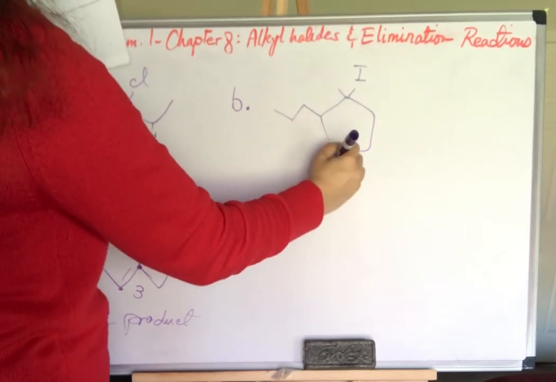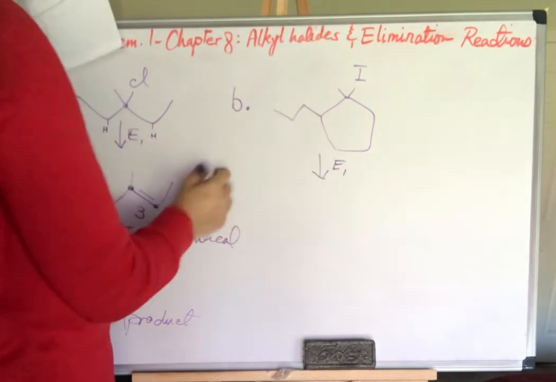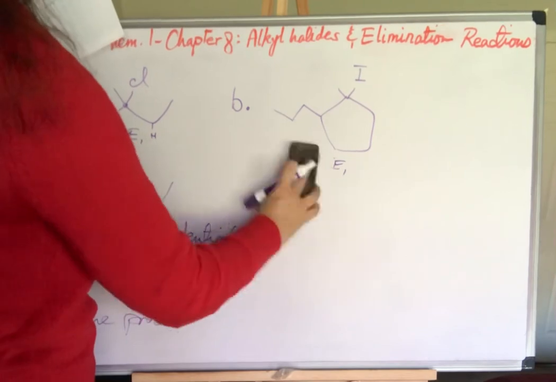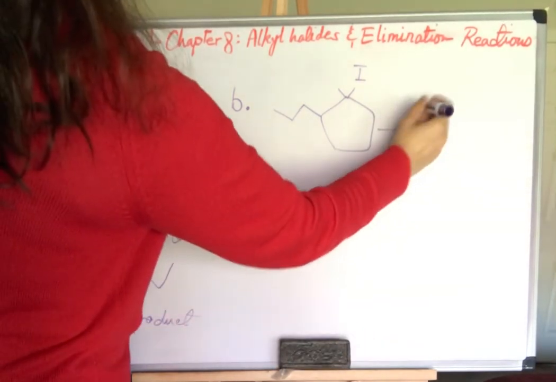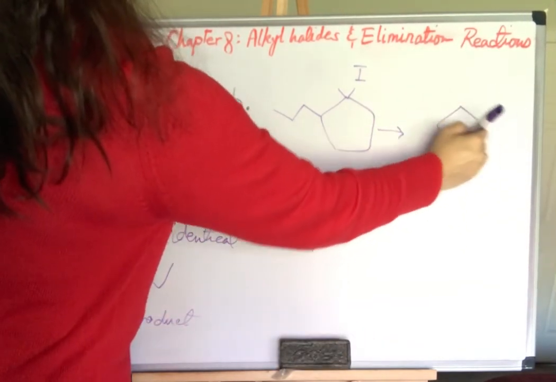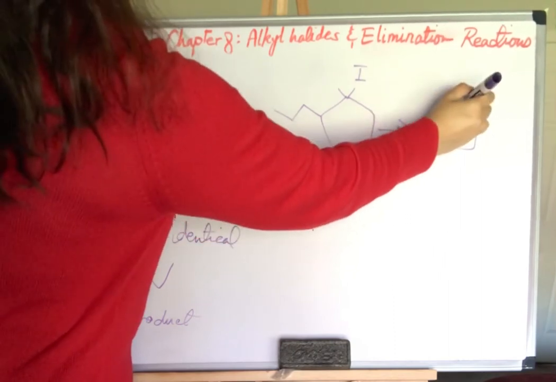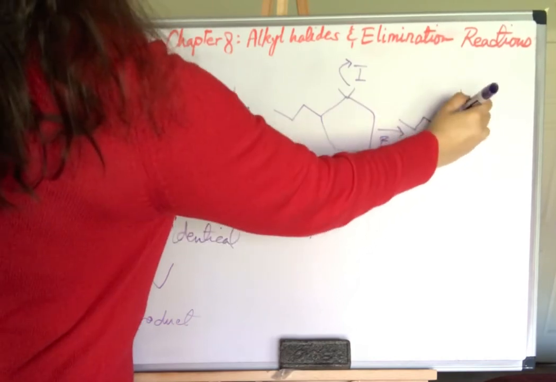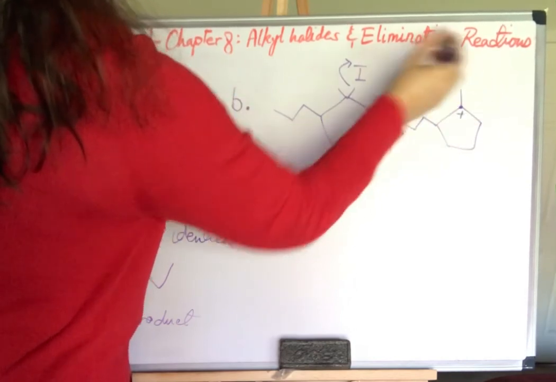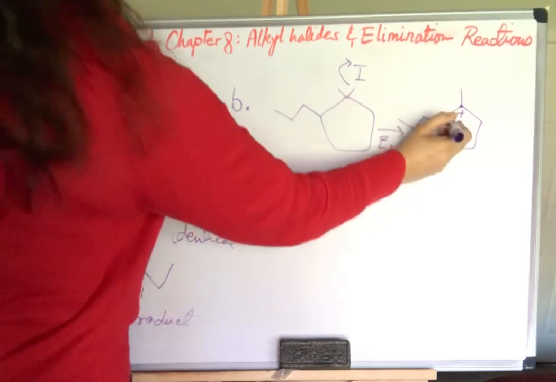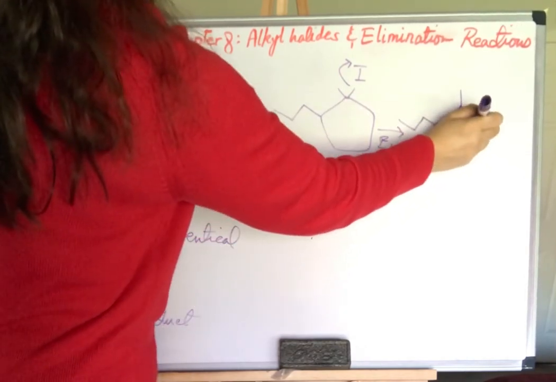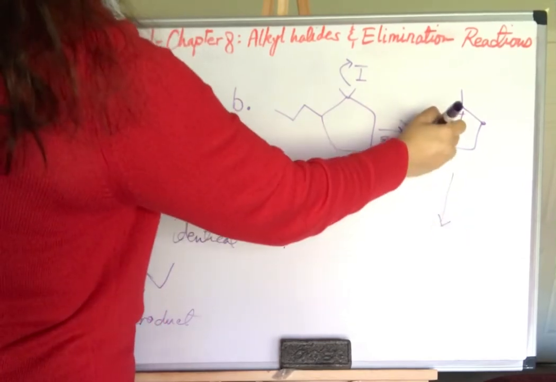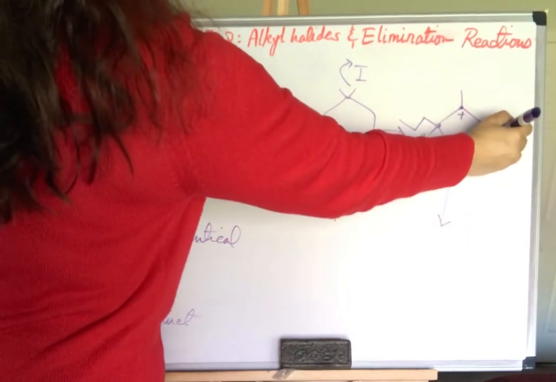E1. First, in the first step, let me draw the first step here to save some space. What happens in the first step? The molecule gets rid of its halogen. A tertiary carbocation is formed. Then there are two carbons, right? So we have the base attacking the hydrogen here or the hydrogen here.